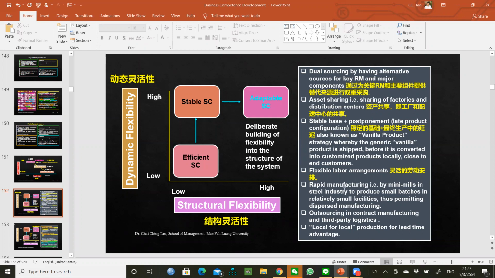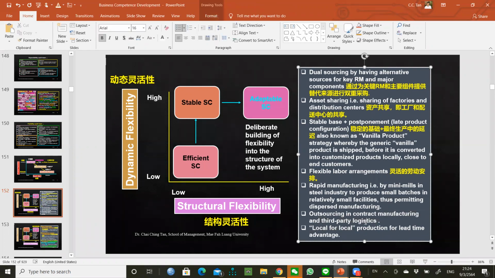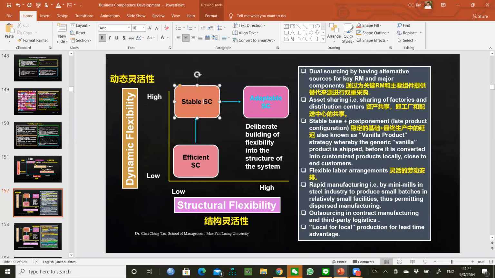Okay, and flexible labor requirements, also the same things, rapid manufacturing and local productions. All these, or outsourcing certain contracts, and adaptable third-party logistics, right? All these are adaptable. So you can see that from the research perspective, why we are focusing on all these generic abstract constructs, because they are so generic and so abstract that the rest is all imagination.